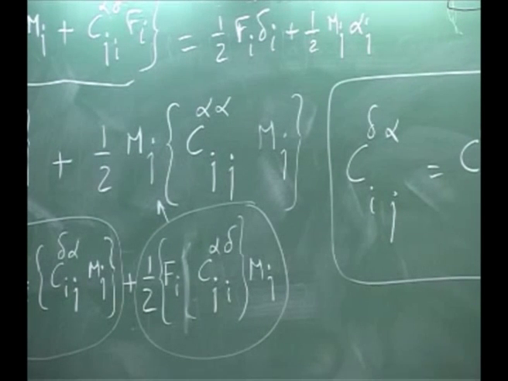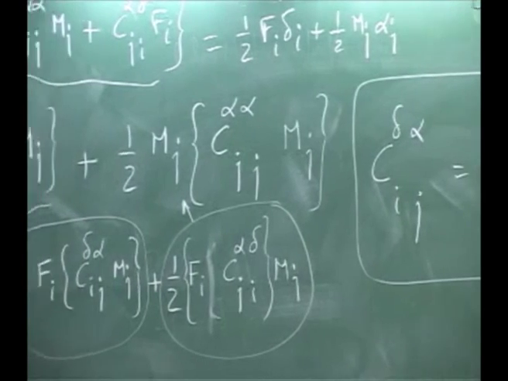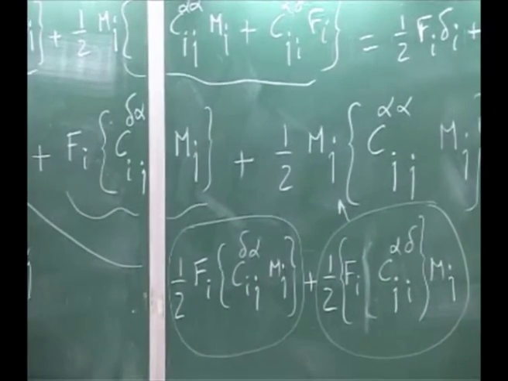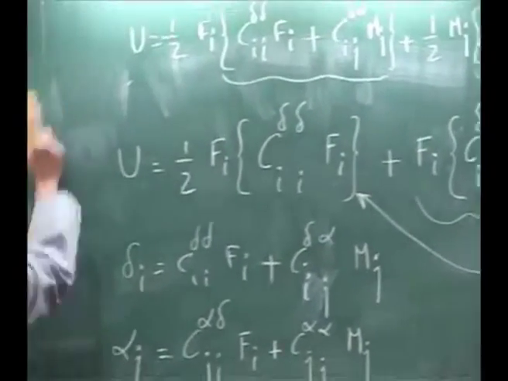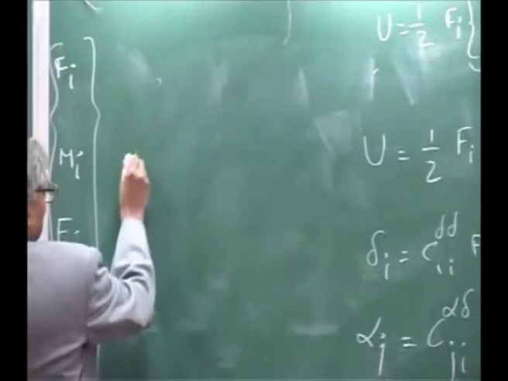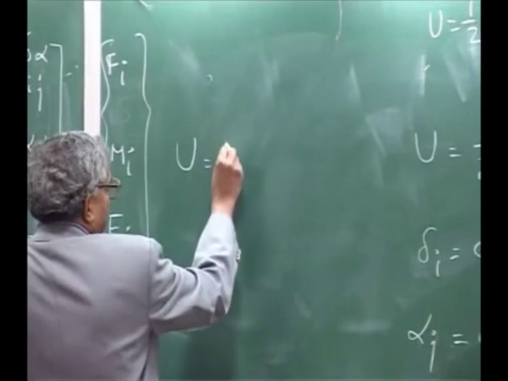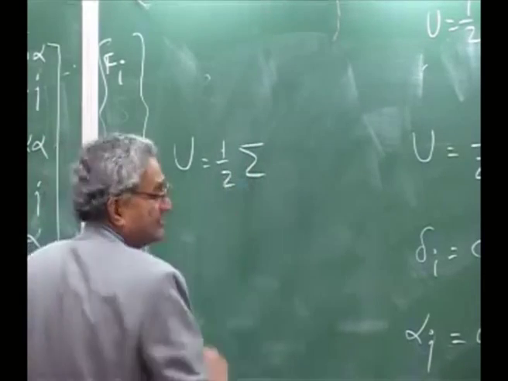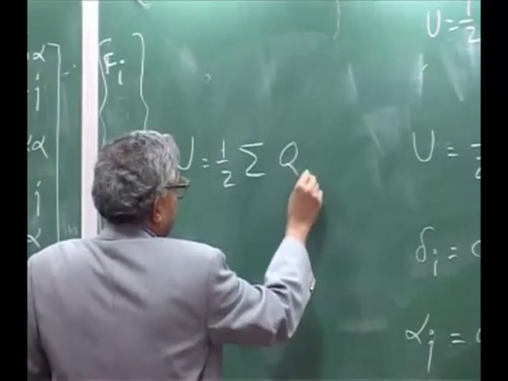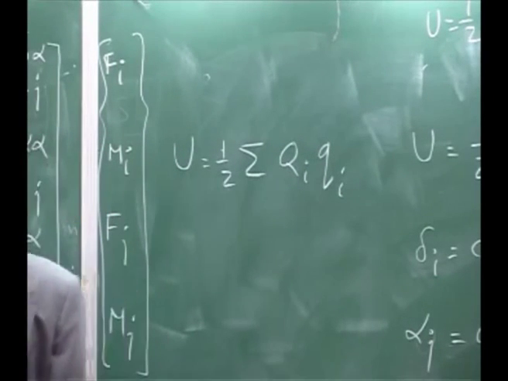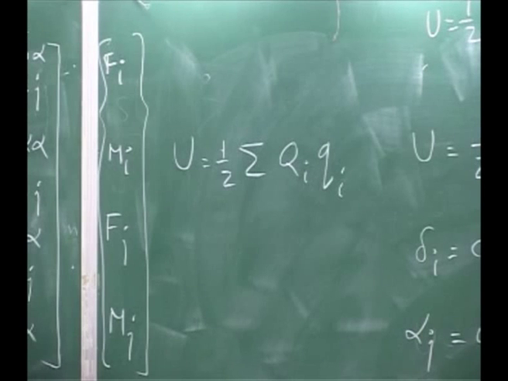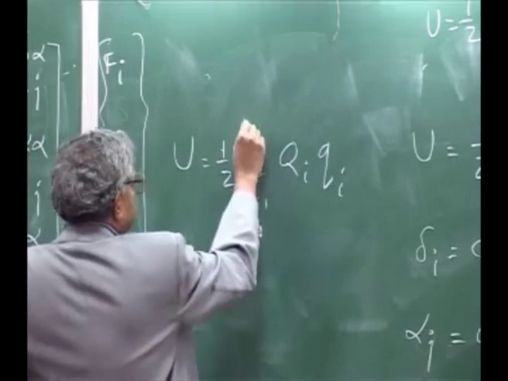So you can write your very general energy expression as, maybe I will erase all this part, it is not necessary. U is half summation Qi delta i. Now if there are n loads, not 2 loads, n loads, you will simply put i running from 1 to n.